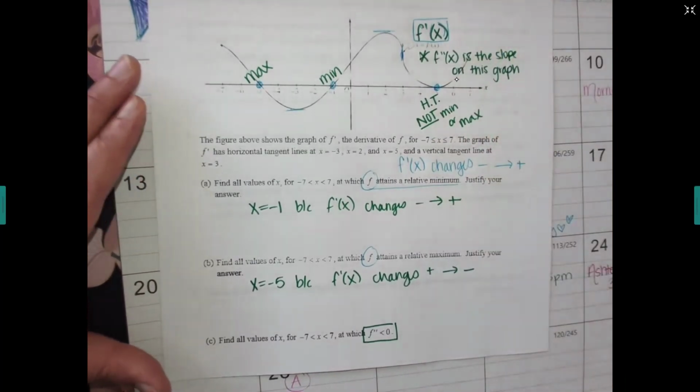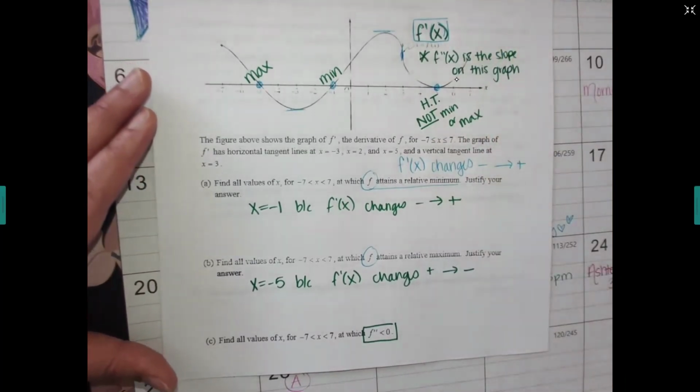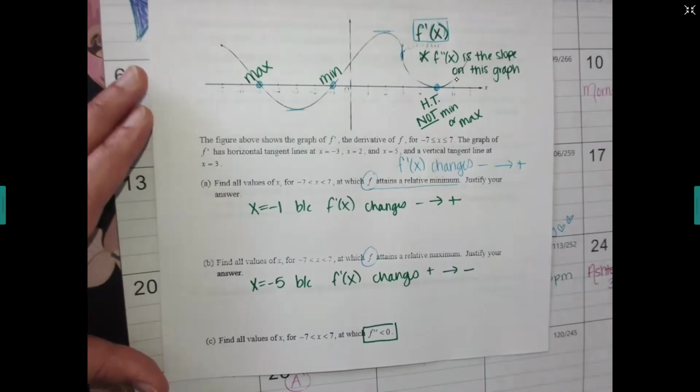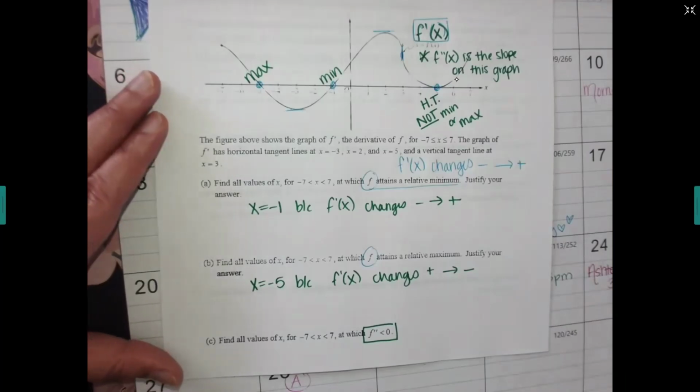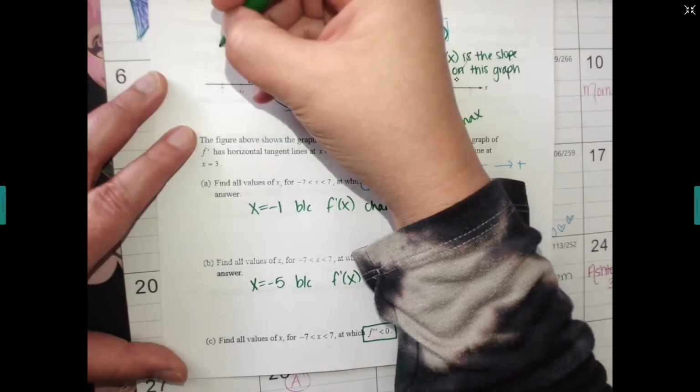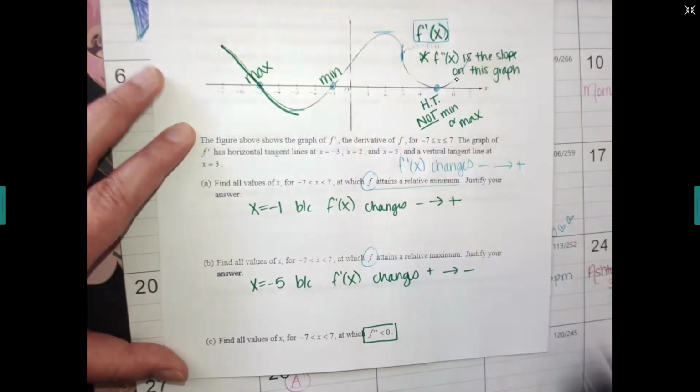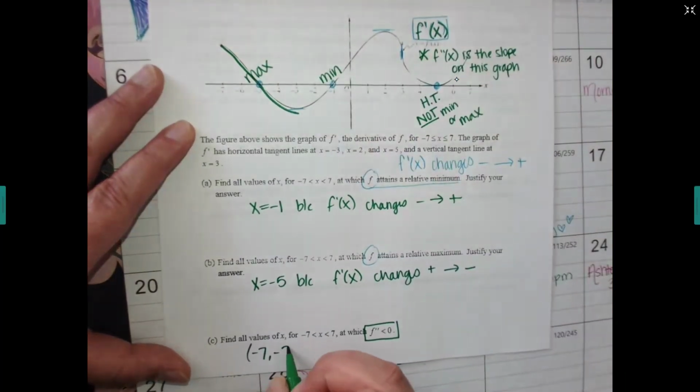And specifically, we're wanting f double prime to be less than 0. Is that positive or negative? So where are our negative slopes? Okay, -7 to -3, so list that.